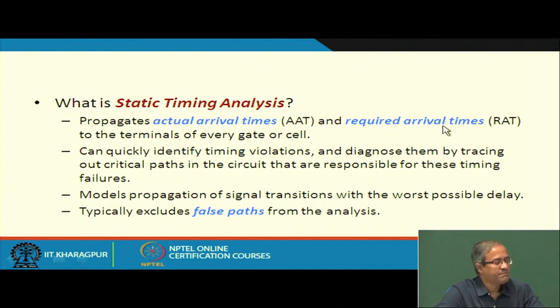Required arrival times may be provided by the user with respect to the output, and you have to calculate them for every terminal or every gate. Once you do this, you can identify something called slack, which is the difference between RAT and AAT, and that can identify the timing violations. For some cell you may find that the actual arrival time is greater than the required arrival time. So there is a timing violation there. You may have to adjust the timing in some way so that those timing violations are addressed, right.